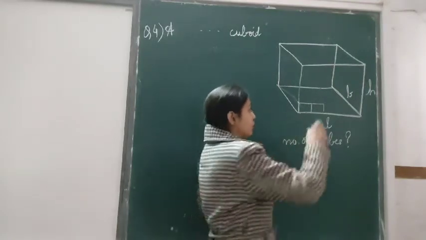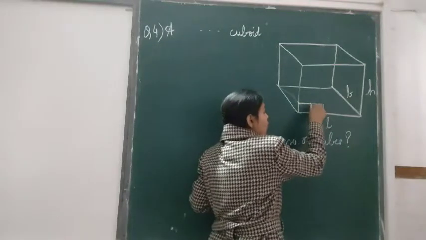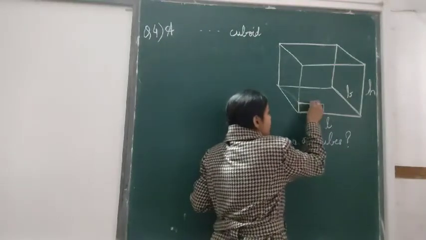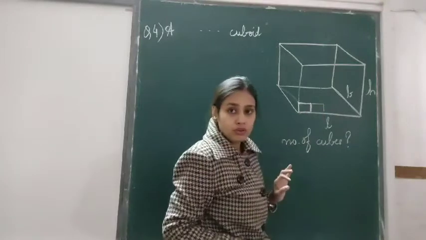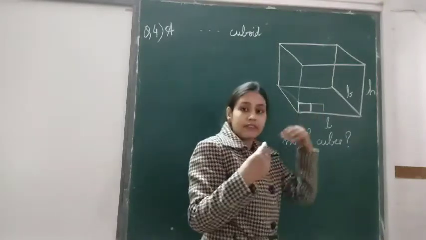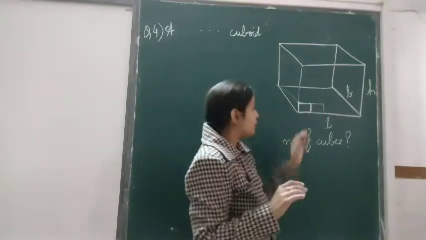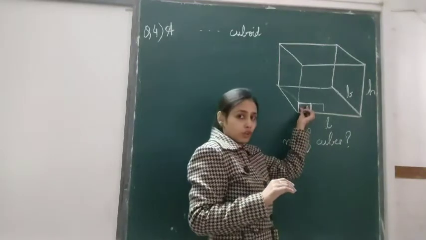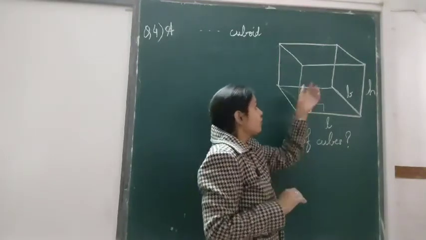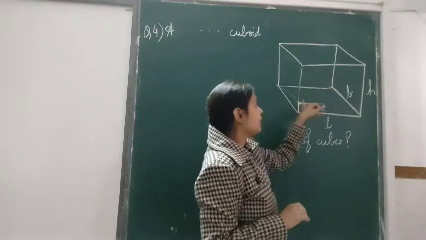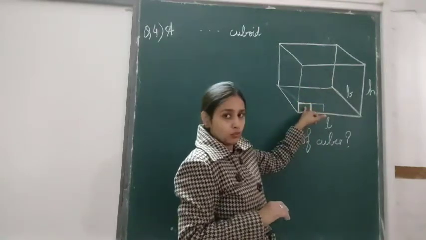Also, how much space one cube is taking, that also we need to know, right? So again we are talking about the inner space. That means again we will find the volume of this cube. So we will find the volume of the cuboid, then we find the volume of the cube.